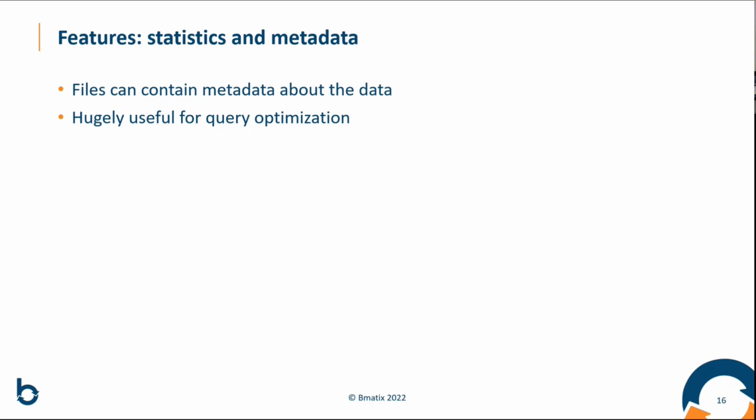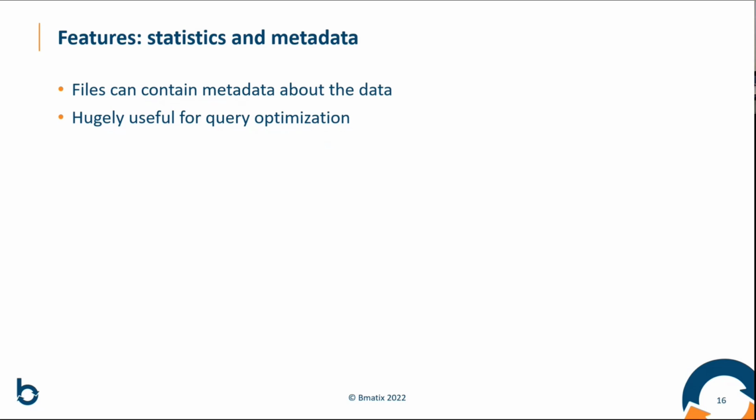And this is very closely related to the statistics and metadata used by query optimizers in relational databases. All the DBAs and all the people that have done some SQL Server development or any relational database management or administration will know that up-to-date statistics and up-to-date metadata for your tables are very important for the query optimizer to construct a good query plan.